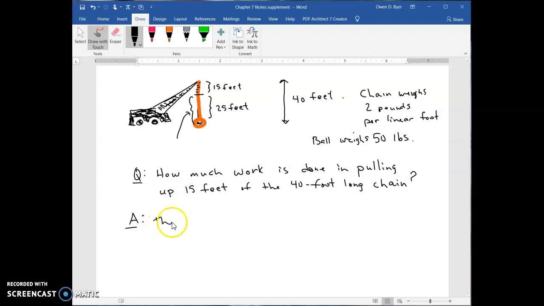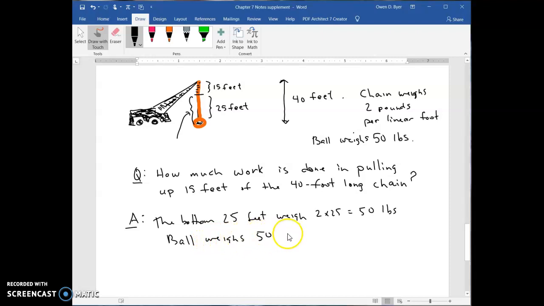So the bottom 25 feet weigh 2 pounds per foot, so 2 times 25 equals 50 pounds. And the ball weighs 50 pounds. So the total weight of that bottom 25 feet and the ball is 100 pounds.